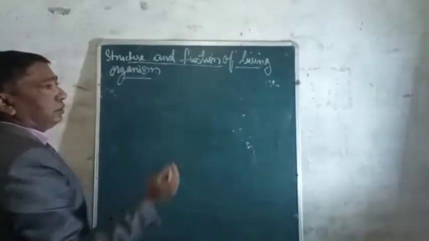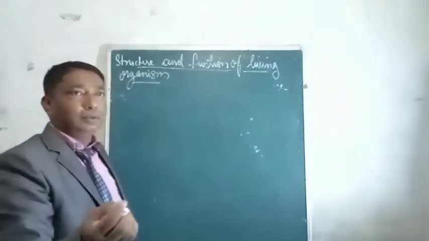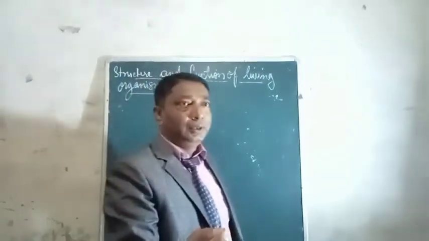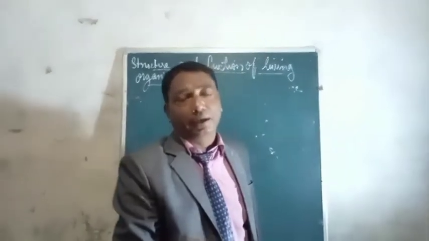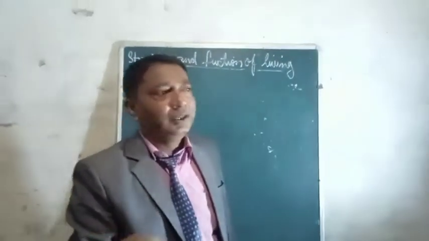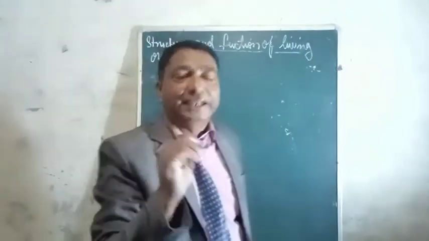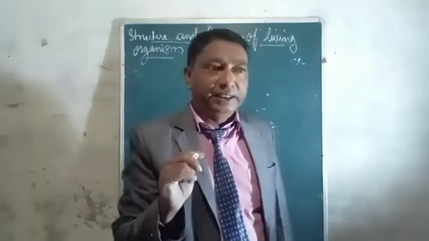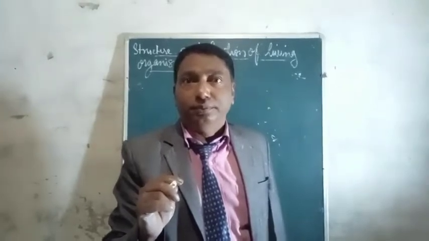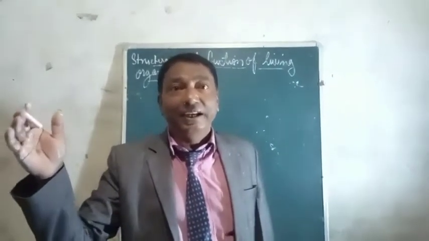So a short historical note about the cell. Very short. There was a scientist, Robert Hooke, in 1665.